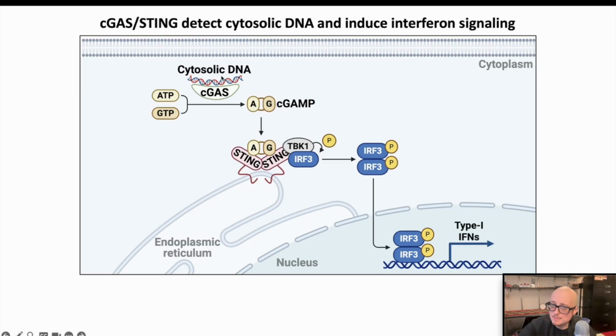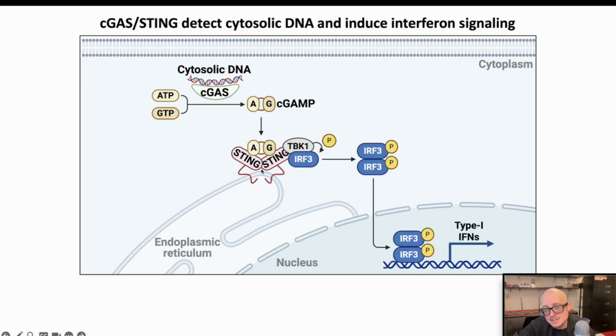So whether or not it's pathogen or self-derived cytosolic DNA, you can get activation of cGAS, and cGAS plays by its own rules. Its signaling looks slightly different. Instead of using a receptor-associated kinase, it produces a second messenger known as cGAMP, which is a cyclic dinucleotide of A and G. This second messenger, cGAMP, then activates a different signaling molecule known as STING, and STING is found in the endoplasmic reticulum.